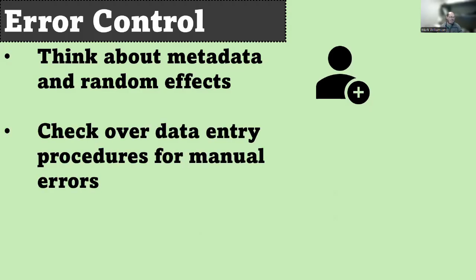All right. Another thing for error control is check over data entry procedures for manual errors. So obviously, there might be error in the sense of variability in your data set just built in, the statistical error. But there also might be real errors in the sense of numbers that aren't supposed to be what they were. And so it's important to look through all the steps where data is collected and make sure that there aren't any obvious errors.